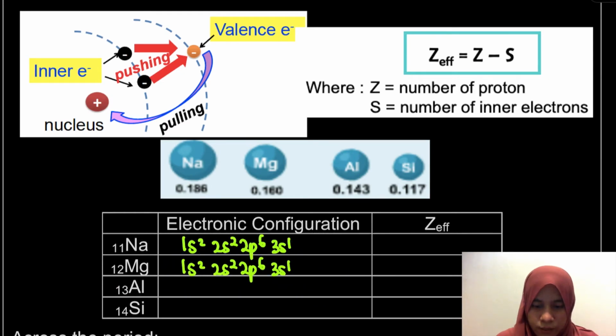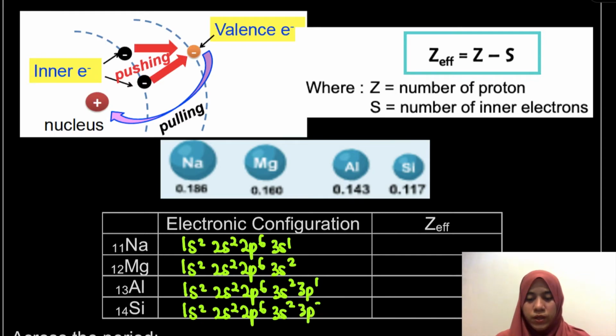So here we become 3s2. Okay, 3s2. So here will become 3s2, 3p1. And then the silicon will become 1s2, 2s2, 2p6, 3s2, 3p2. So when we calculate again, here is 11, here is 12, 13 and 14.